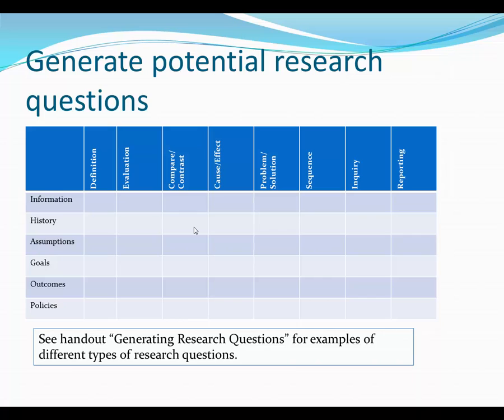So for example, if you look under history and evaluation, the question is, which strategies have been most effective at increasing use of wind power? So if you wanted to put this in the topics that we're talking about, you could change this to, which strategies have been most effective at increasing use of sustainable farming since the early 1900s, right?